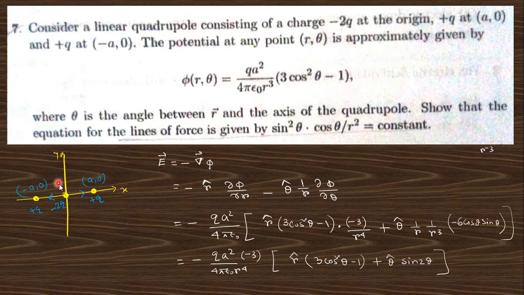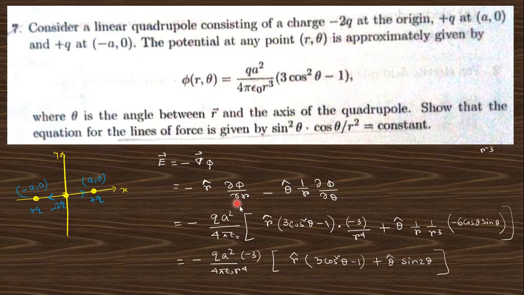In the spherical polar coordinate system, or you can take cylindrical polar, this is two-dimensional, with r and theta and no phi.